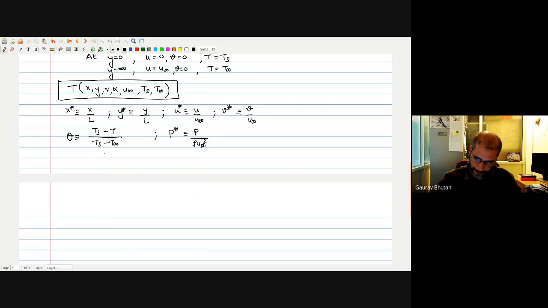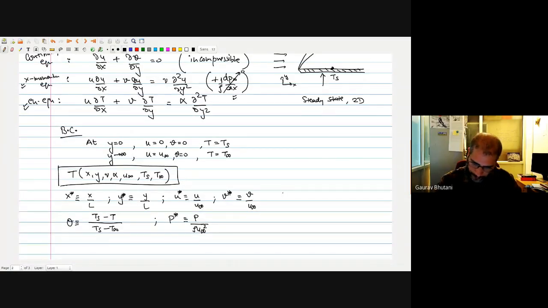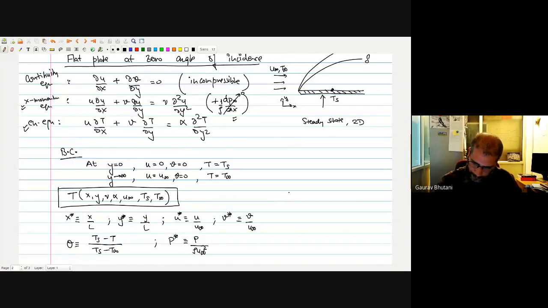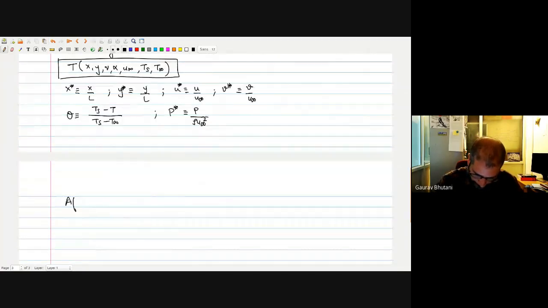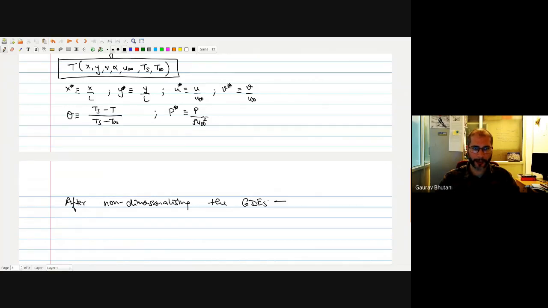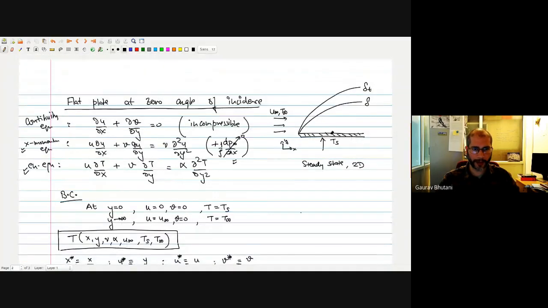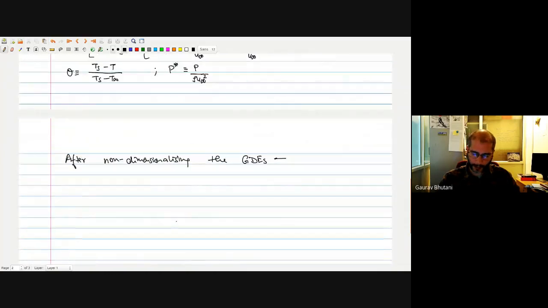So when we substitute these, after I non-dimensionalize my governing differential equations, which is my continuity, momentum, and energy equations, I'll write the final expression. I'll leave it to you to do the algebra.